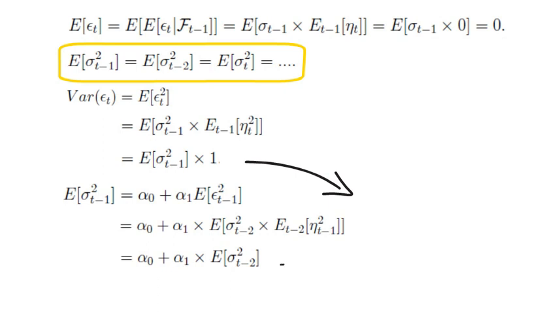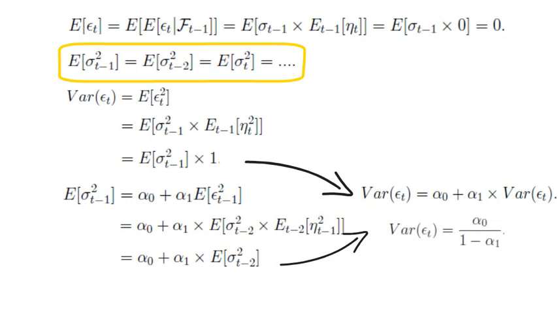We therefore rewrite that last equation as the variance of epsilon t equals alpha 0 plus alpha 1 times the variance of epsilon t. And now we solve for the variance of epsilon t, and you see it coincides with alpha 0 divided by 1 minus alpha 1.